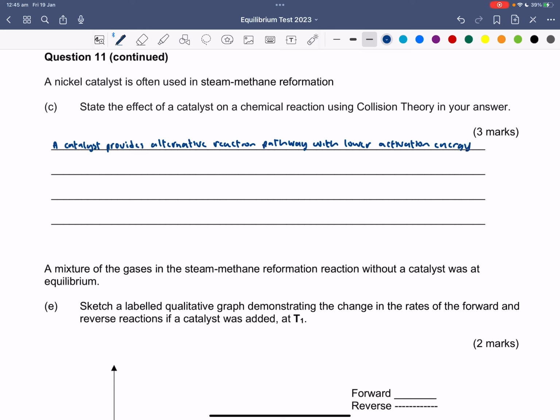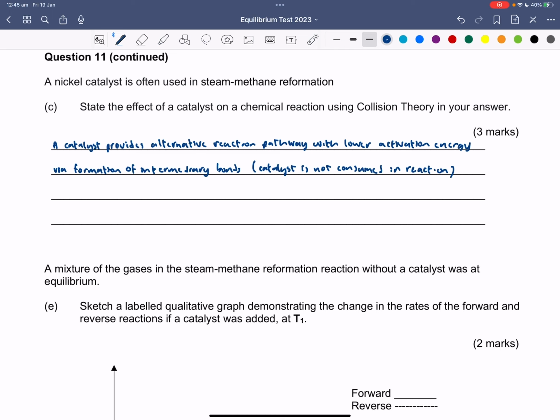And you can write this if you want to via the formation of intermediary bonds. What I mean by that is the catalyst does participate in the reaction, but the catalyst is not consumed in the reaction. It is only an intermediary bond with the reactants.